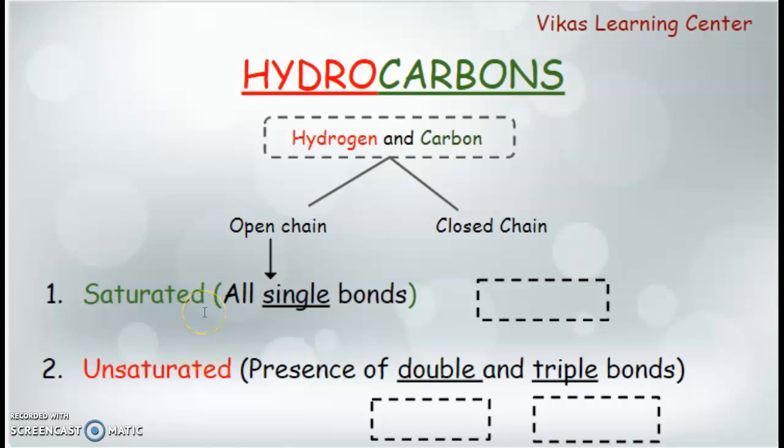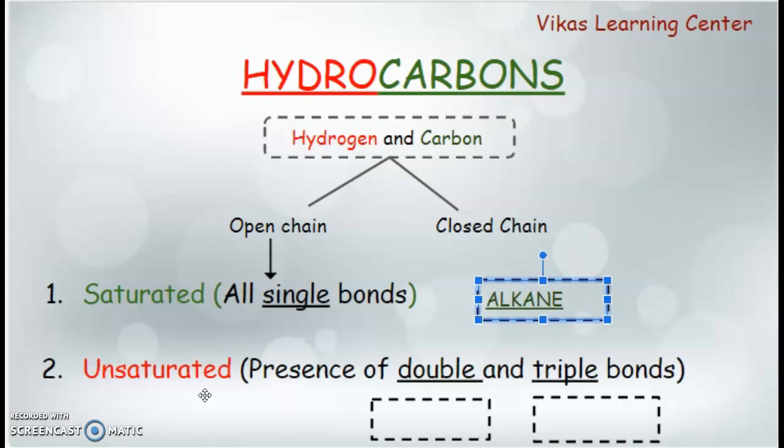So what are the saturated hydrocarbons? Whenever a carbon atom satisfies its tetravalency by single covalent bonds, these type of hydrocarbons are called saturated hydrocarbons, and these are named as alkane. When you look at the unsaturated hydrocarbons, you will notice the presence of either double bonds or triple bonds.